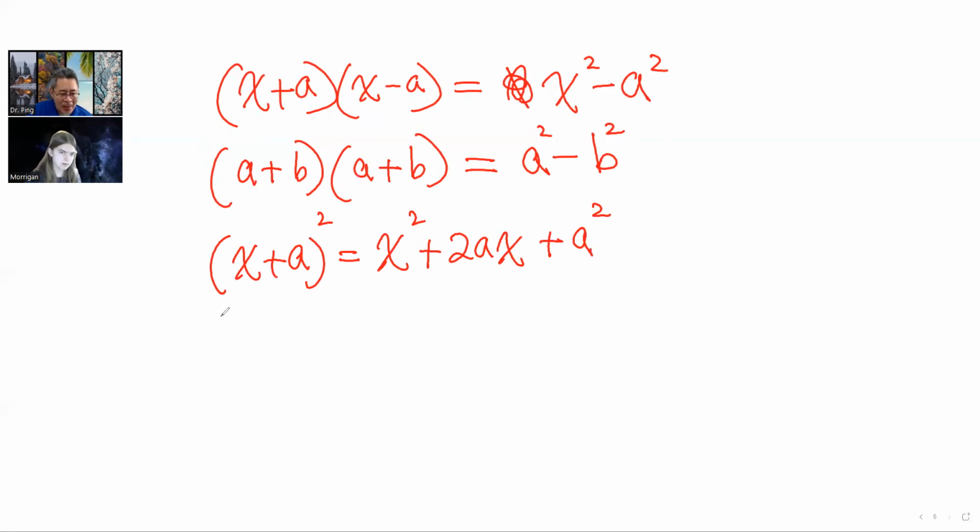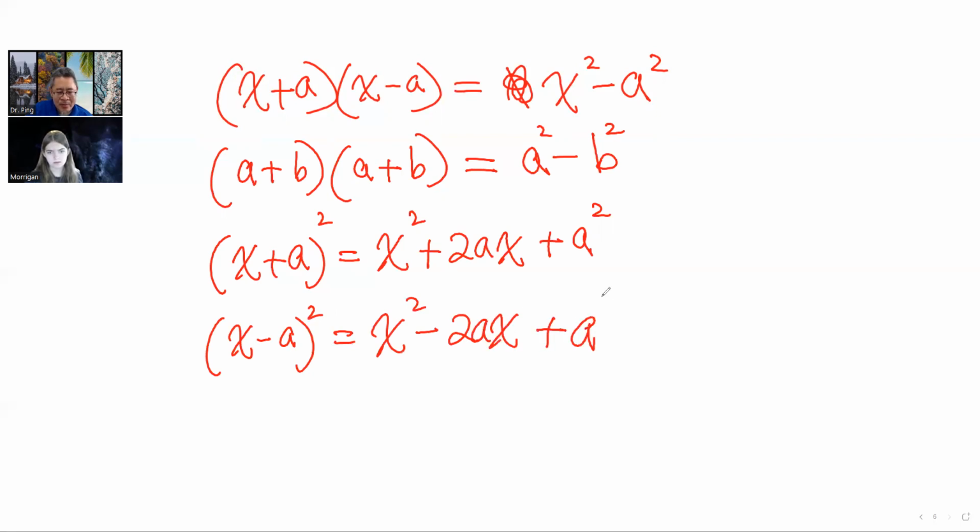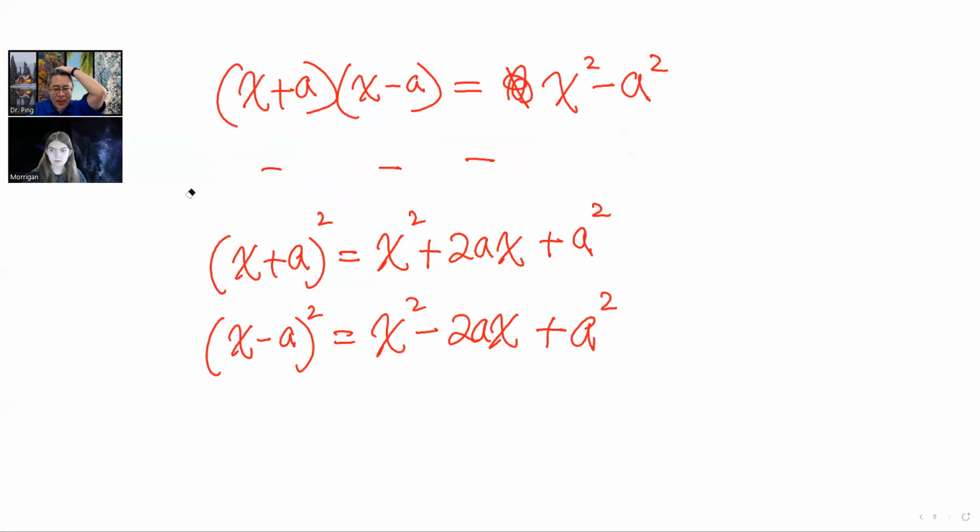And x minus a squared is x squared minus 2ax plus a squared. Those three identities are very important in algebra, and we need to remember them because they become quite useful.